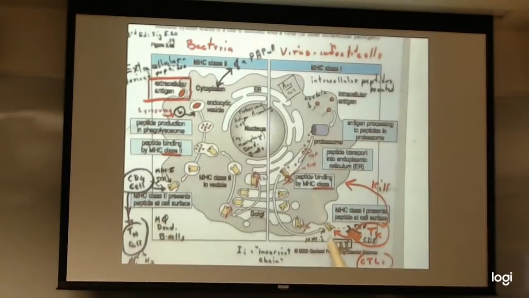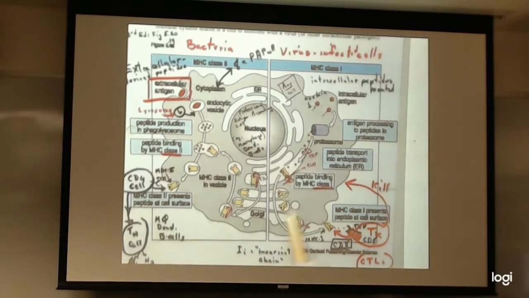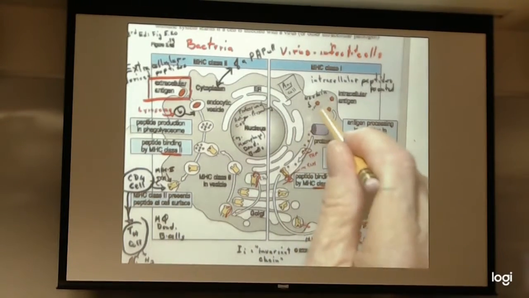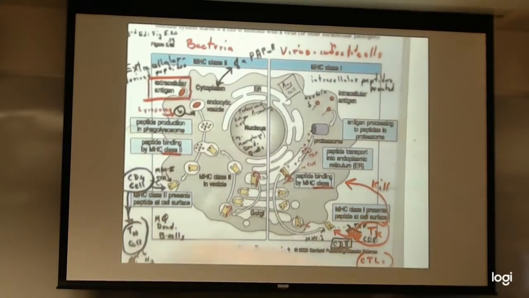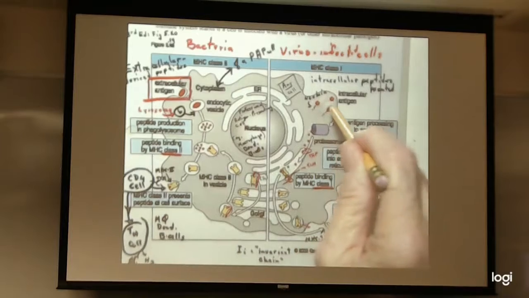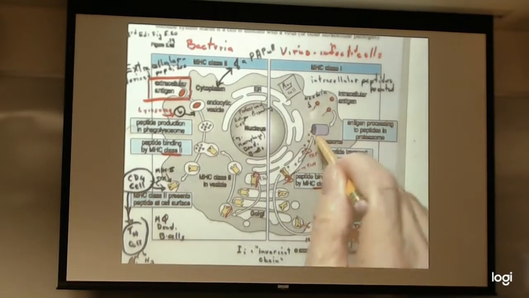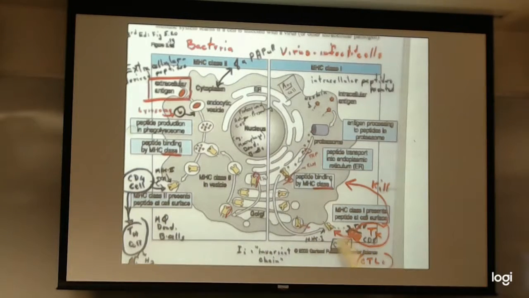But now let me just broaden this a little bit. I just want to say that at all times, all cells are grabbing normal cell proteins and cutting them up into bits and pieces and loading them onto class 1 molecules.